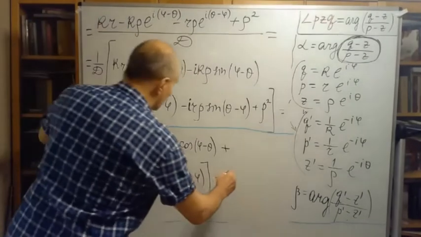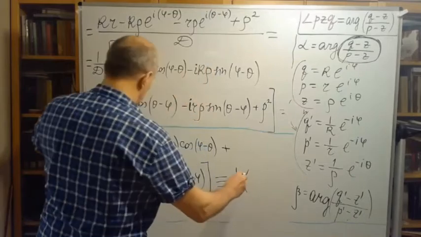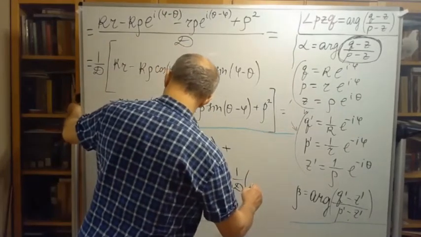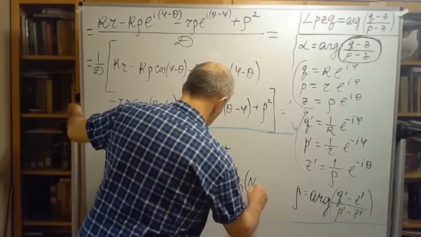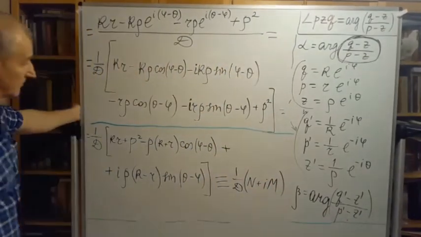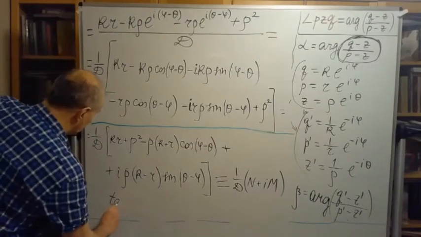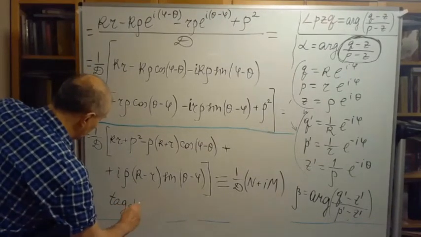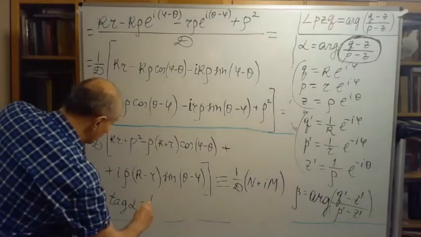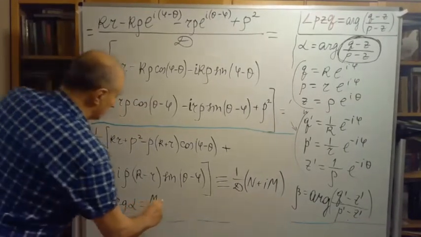So it will be 1 over d, and it will be n plus I m. And as you know, tangent alpha will be m, imaginary part, over real part, n.